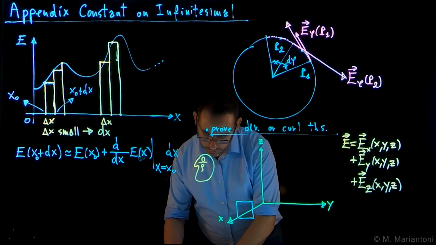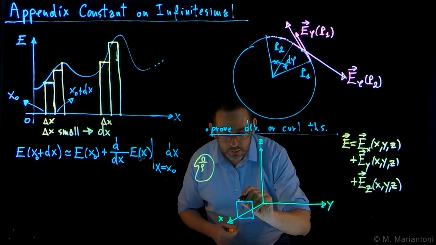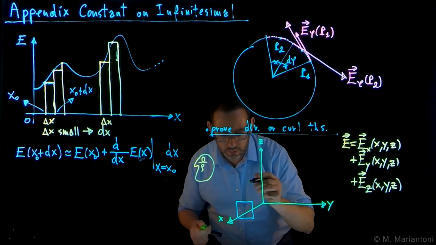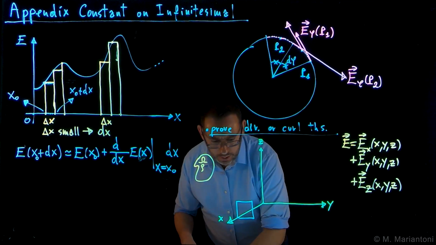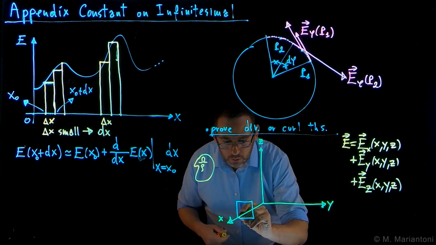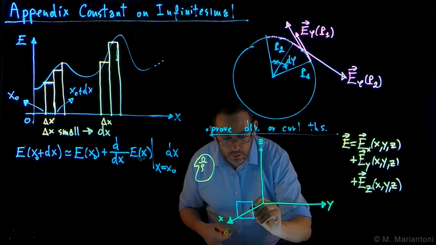Let's do it in this orange. So on the back side, here we have some distance. Let's do this in yellow. I want to go all the way here. So there is this distance.